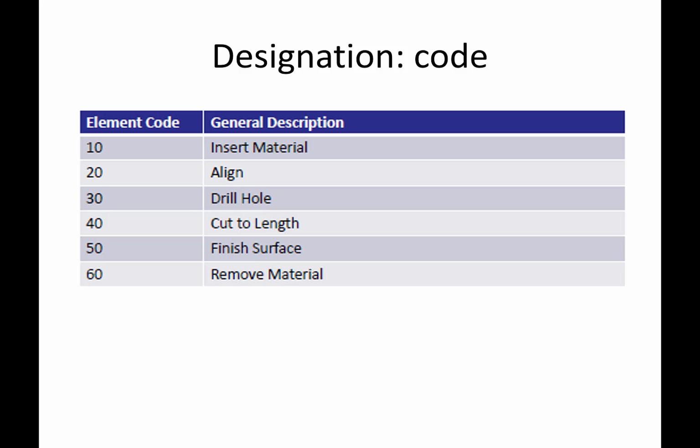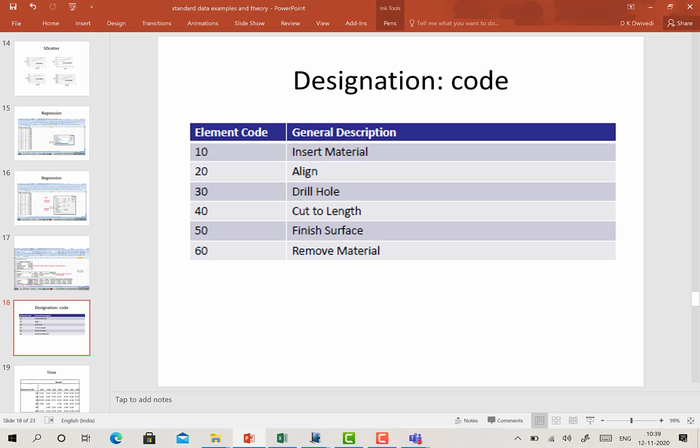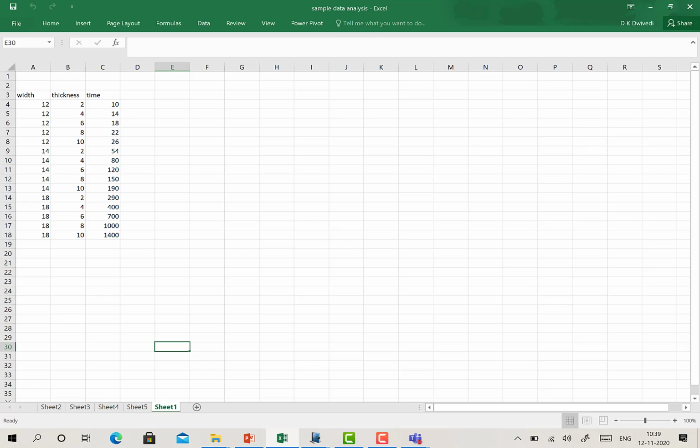Okay, so now I'll show you just one example. I need to exit from this to show how it can be done. So here I have an Excel sheet, which was made by me. Here you see this is the width, say 12, 14, 18.